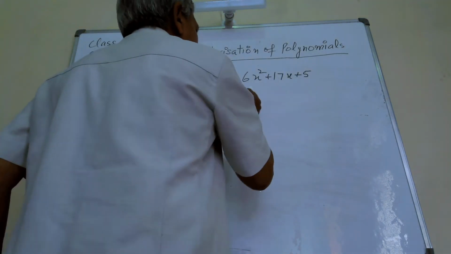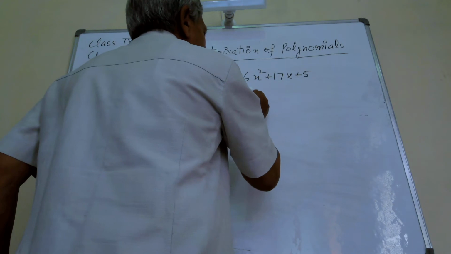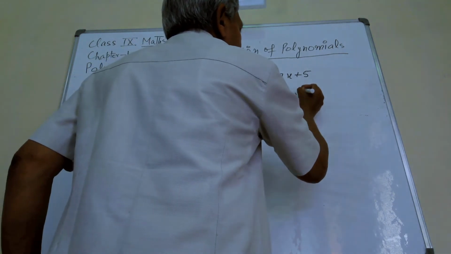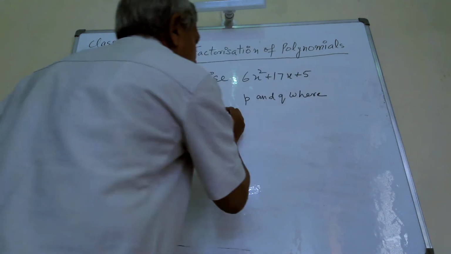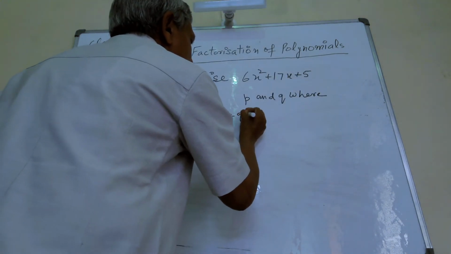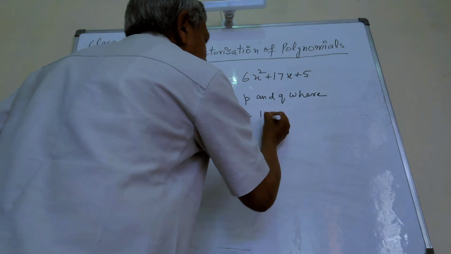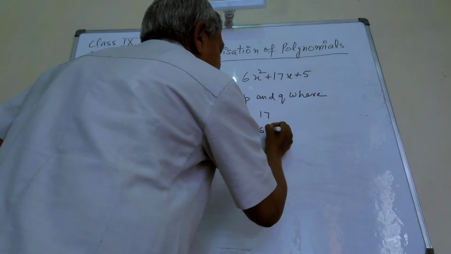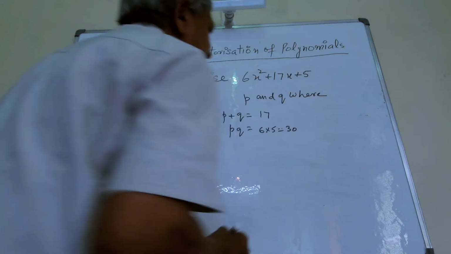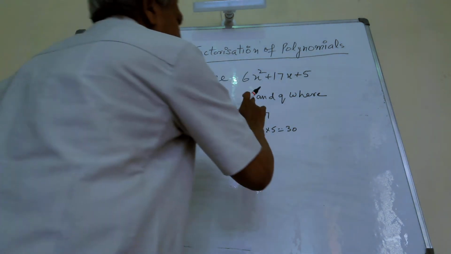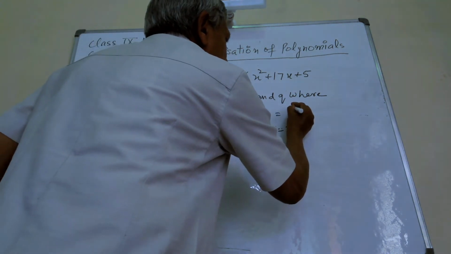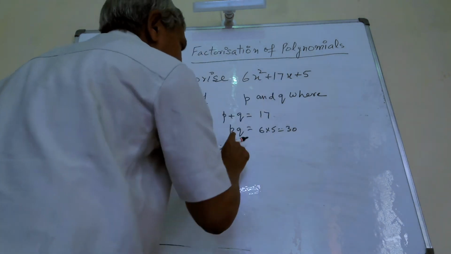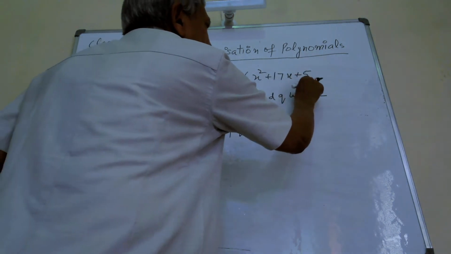We can have two numbers, p and q, where p plus q is equal to 17 and pq is equal to 6 into 5, which is 30. You can say p plus q is equal to b and pq is equal to a into c.